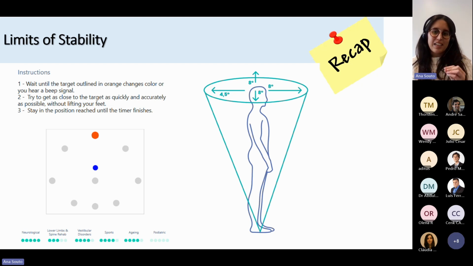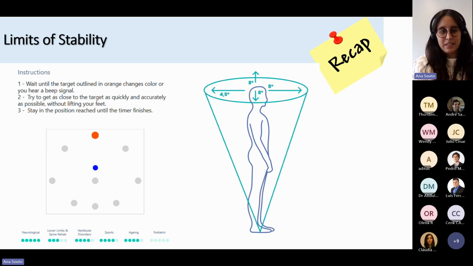And when the first target, the one at the front, changes color and the beep signal goes off, the patient has to move his body, center of pressure, as fast as possible towards that target.